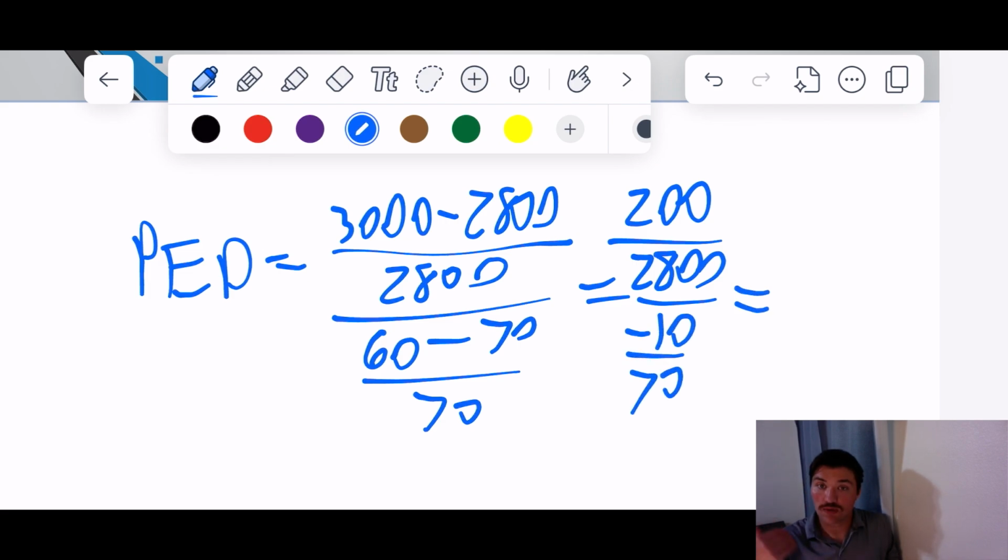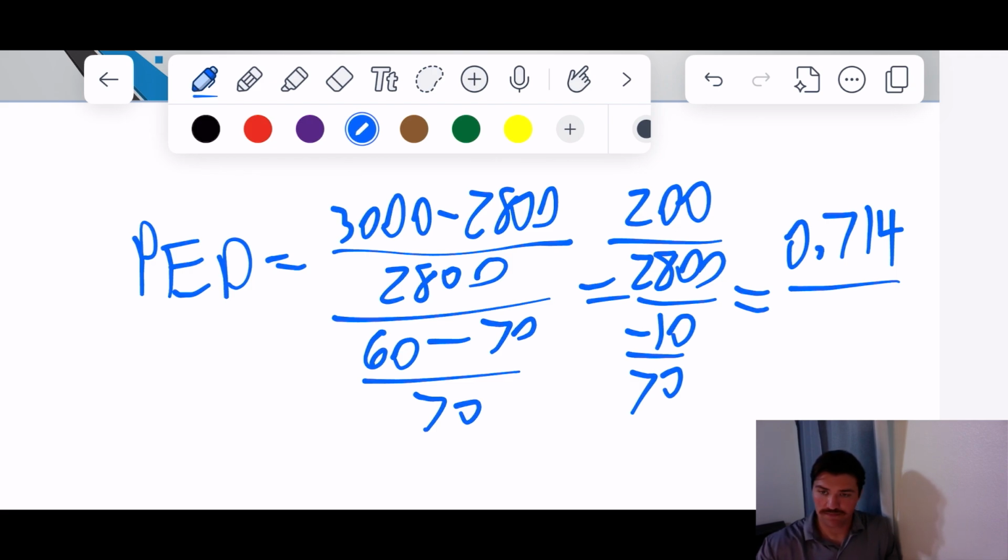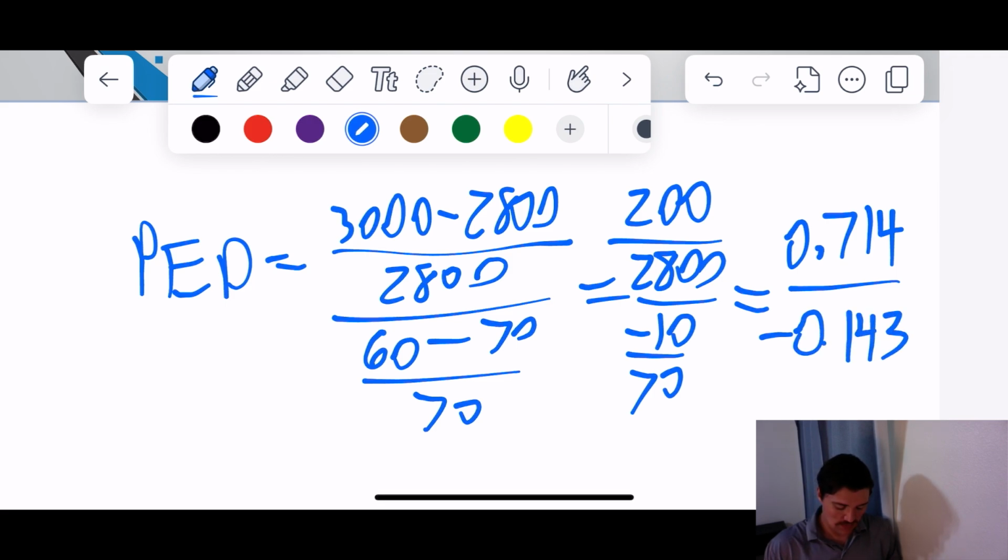From here, you can divide the 200 and the 2,800. Doing those two together, you should get 0.0714. And then if you did the 10 divided by 70, you'll get negative 0.143.